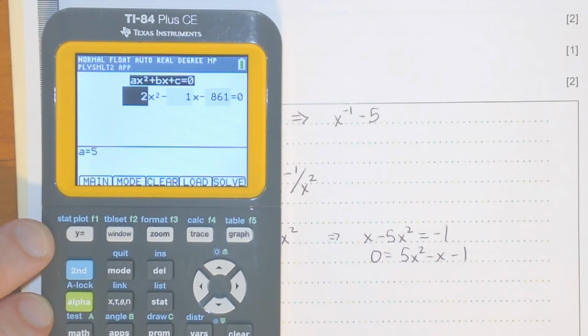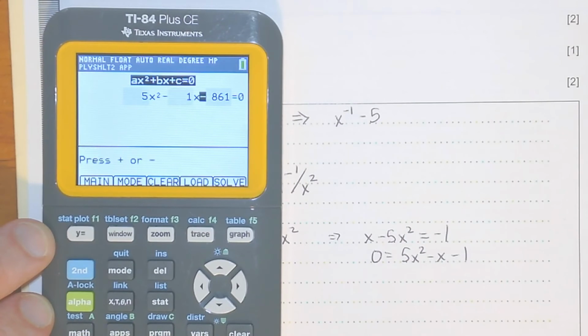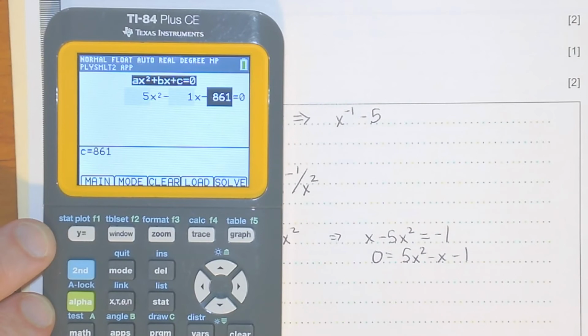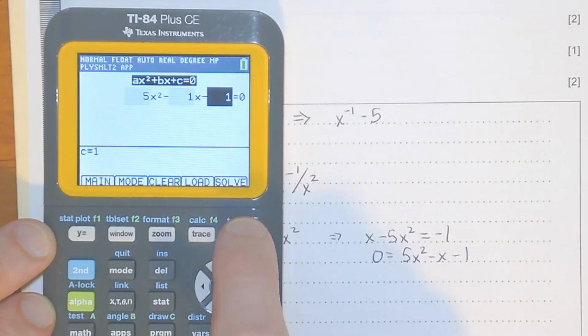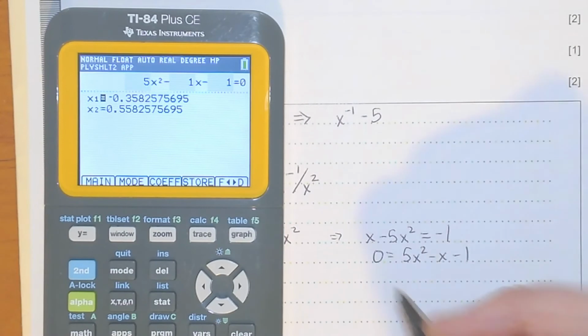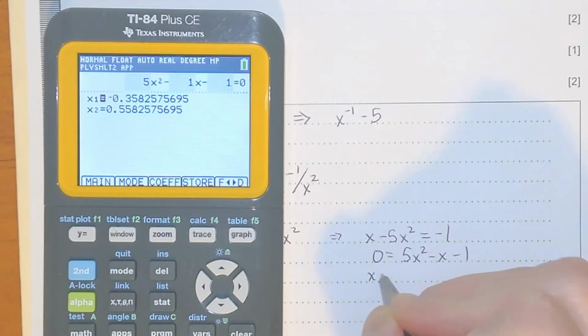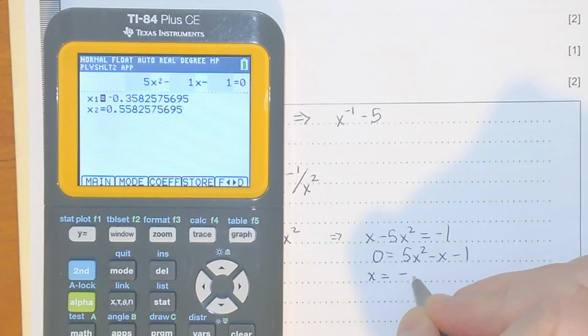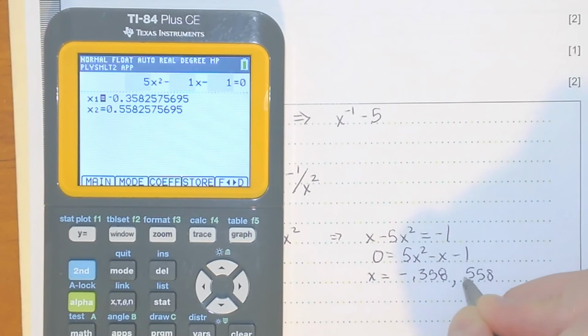And I need 5x squared minus x minus 1. And now I can go ahead and hit solve. I get 2 answers. I get x equals negative 0.358 and positive 0.558.